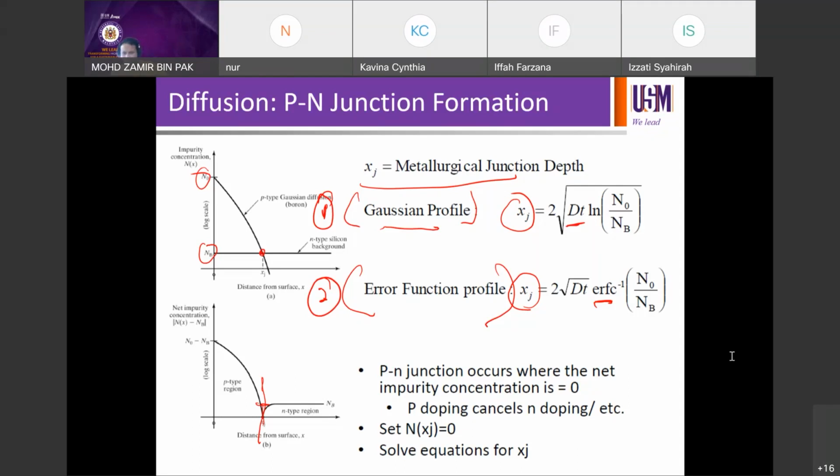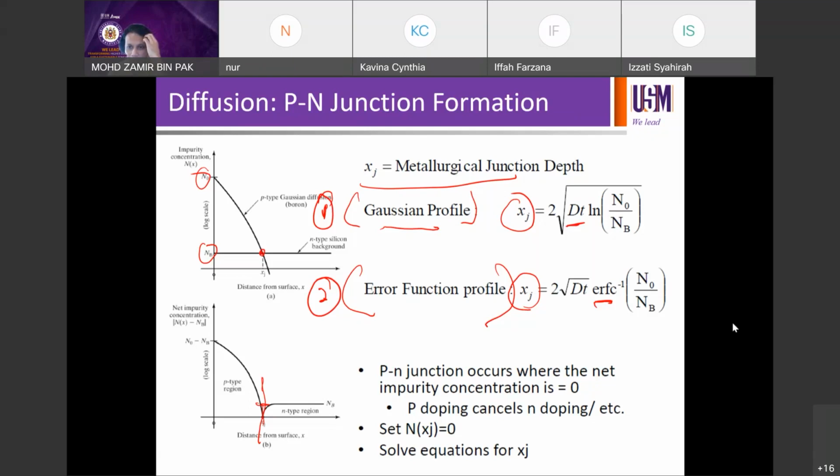Or why 2? Juaria, Shafika, Amirul, Alia, why 2? Why error function? What's your reasoning? Juaria, why error function?